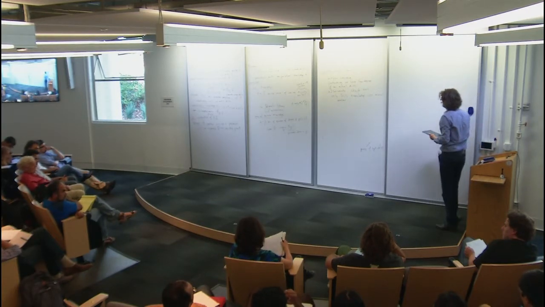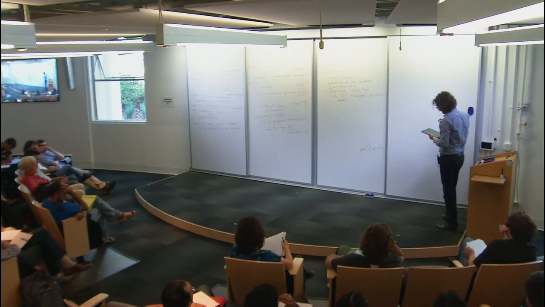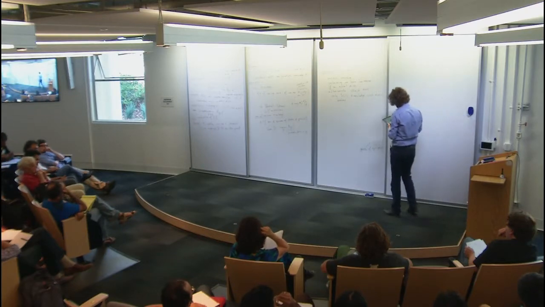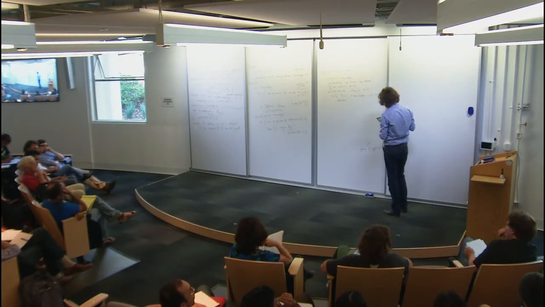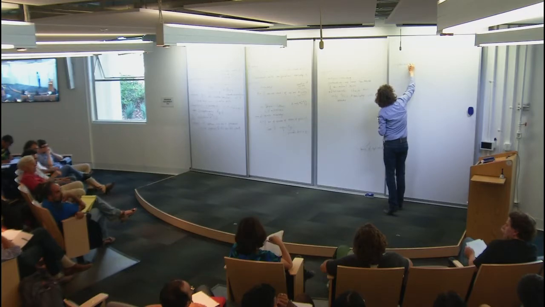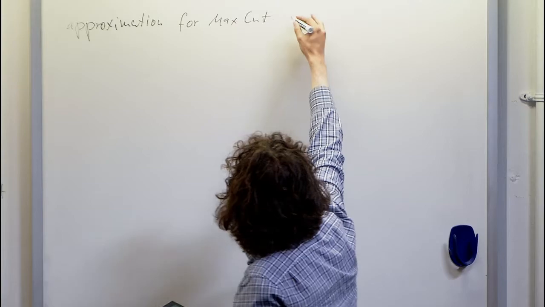The example is chosen so that it's familiar, but for this particular example, you could also do it in a different way, which might be simpler, depending on your taste. And this will be, suppose we try to get an approximation for max cut using pseudo distributions.